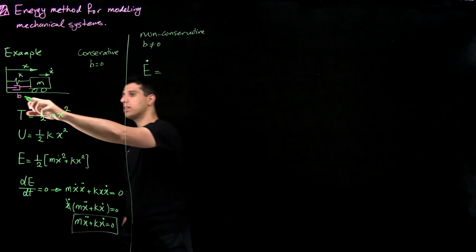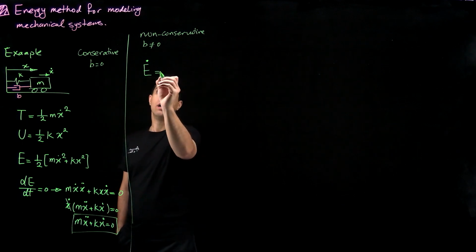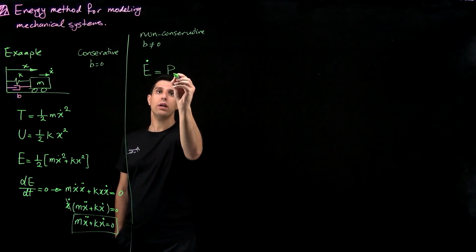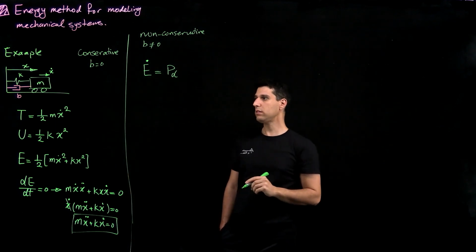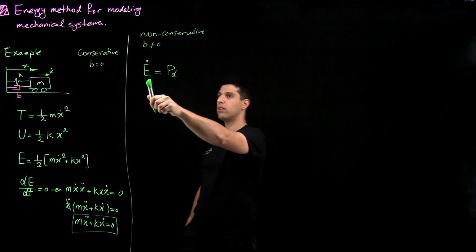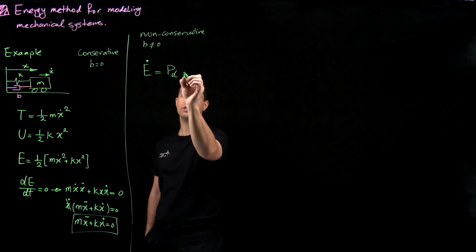And that is what this damping element is doing. This is the power of damper. The rate of change is power, and that is the power of the damping force.